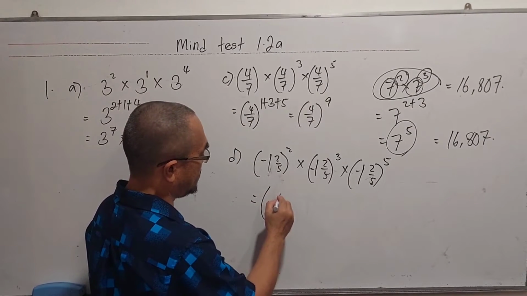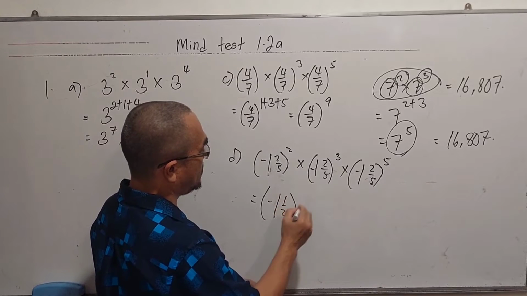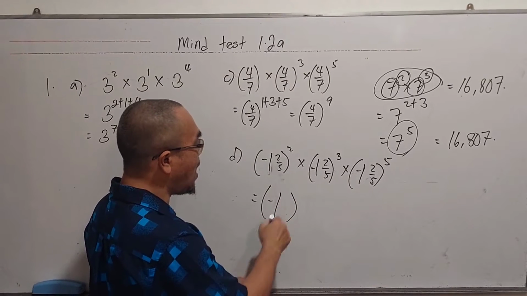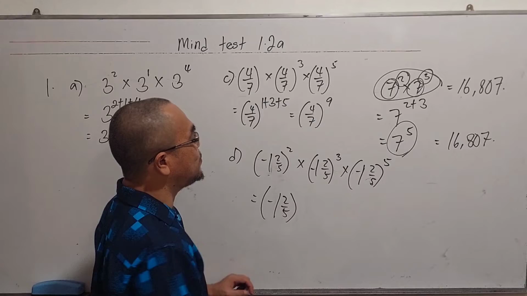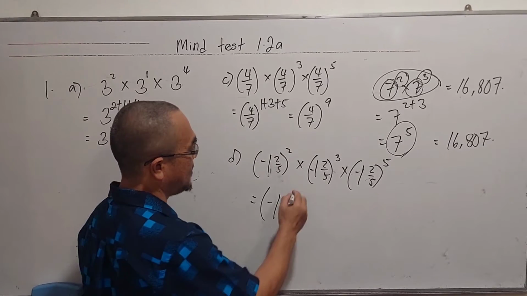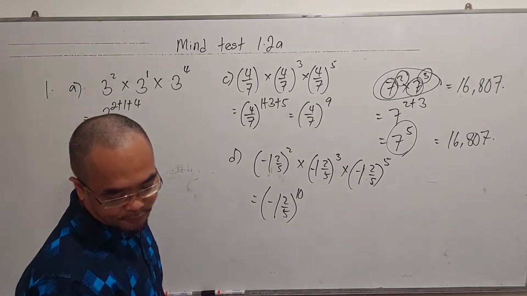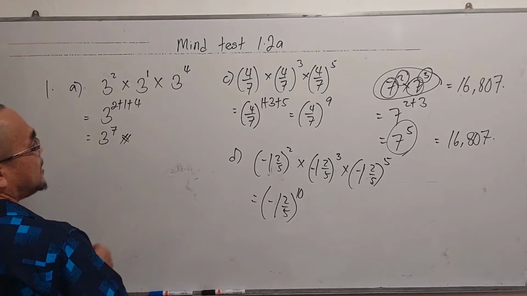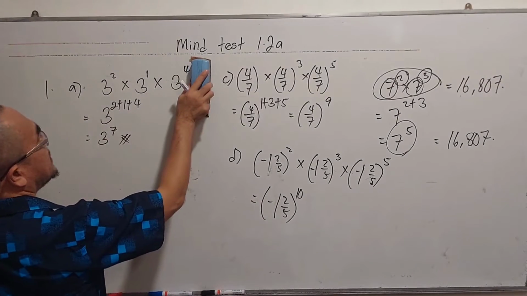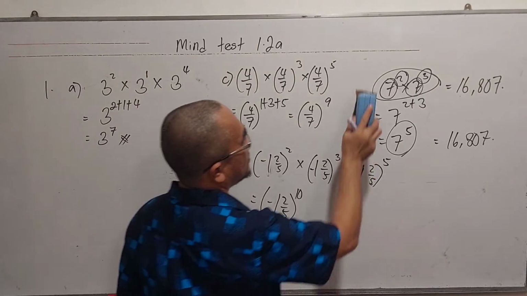Negative 1, 2 over 5 to the power of 10. 2 plus 3 plus 5. Okay, let's continue here.